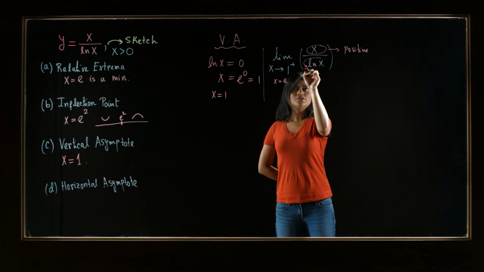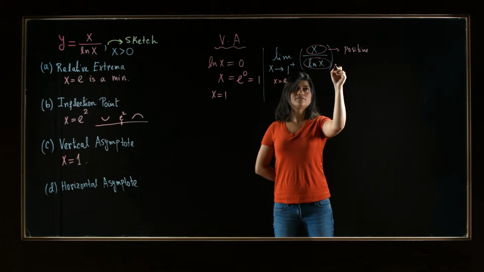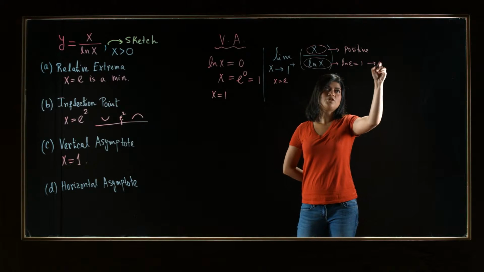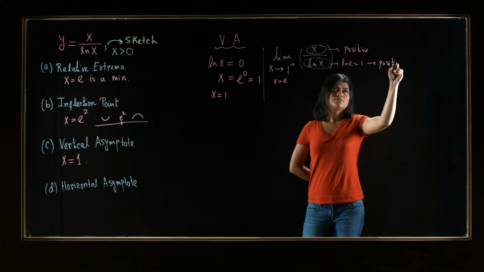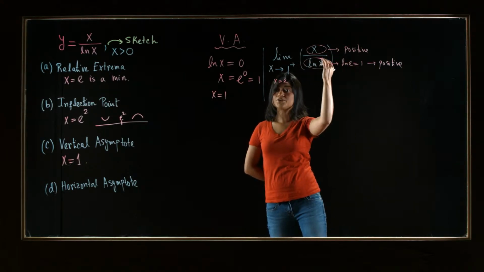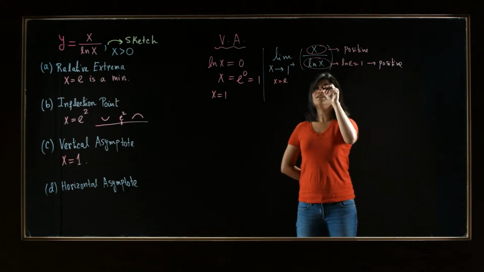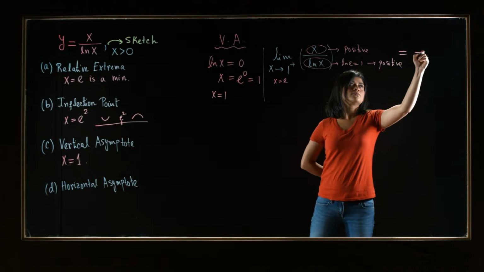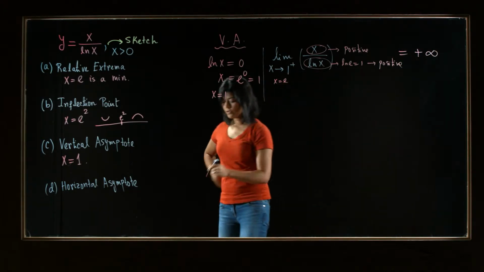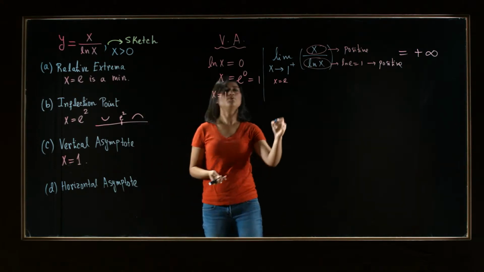What happens to the denominator? Natural log of e, and that's 1, and therefore this is positive as well. And so this whole thing will be positive and positively increasing, and therefore the limit is going to be positive infinity.